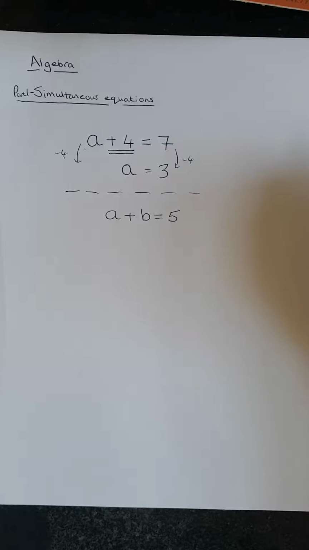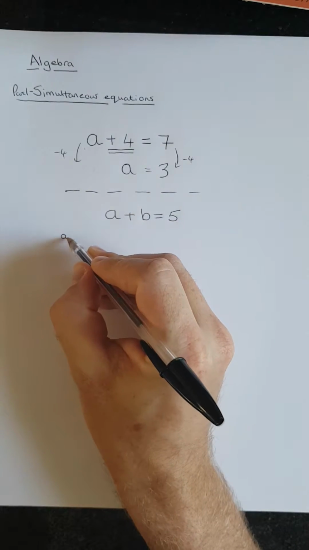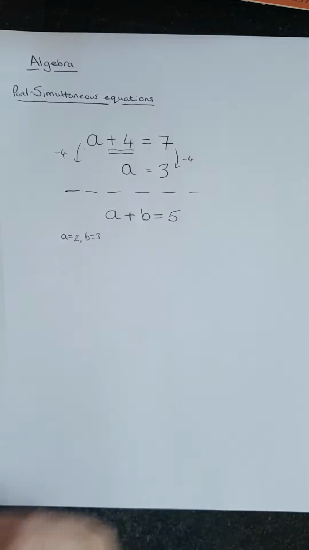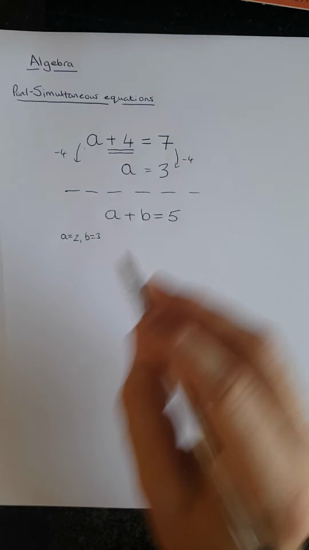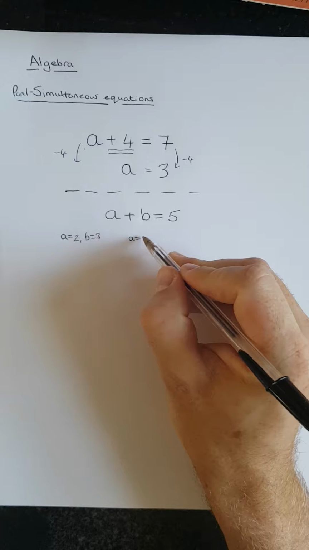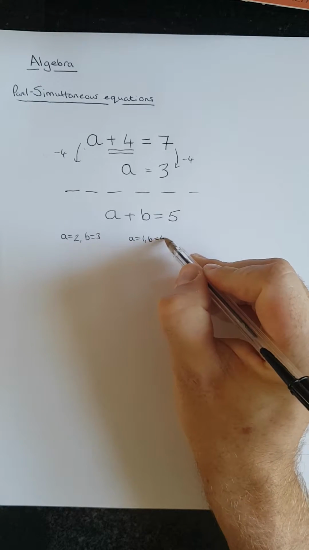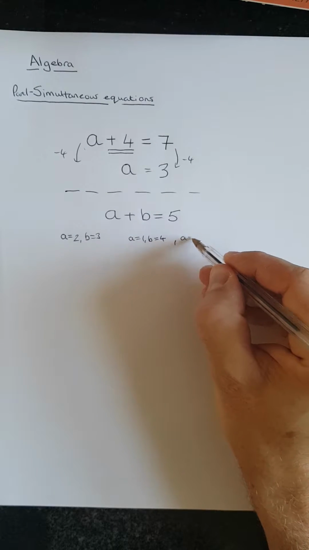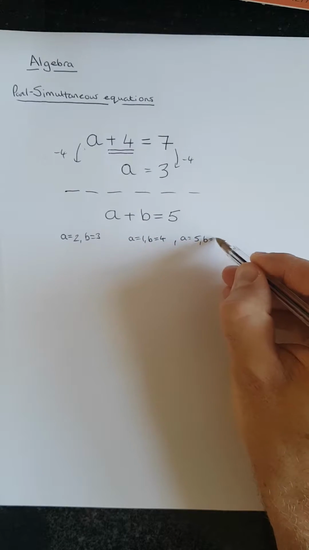So, what did you get for A? A could have been 2 and B 3. Well done if you said that. A could have been 1 and B would have then been 4. A could have been 5 and B 0.